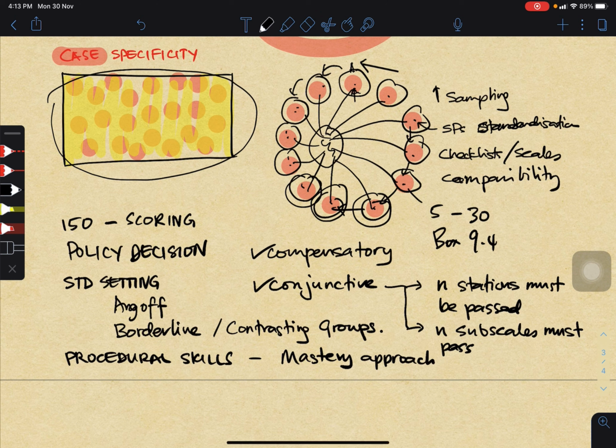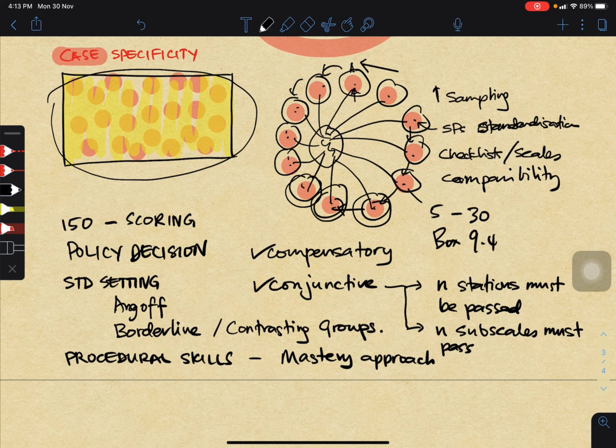If they drop or omit or do badly in one of the components, we can make the candidate fail the whole station. Okay, that is in terms of scoring in OSCEs.